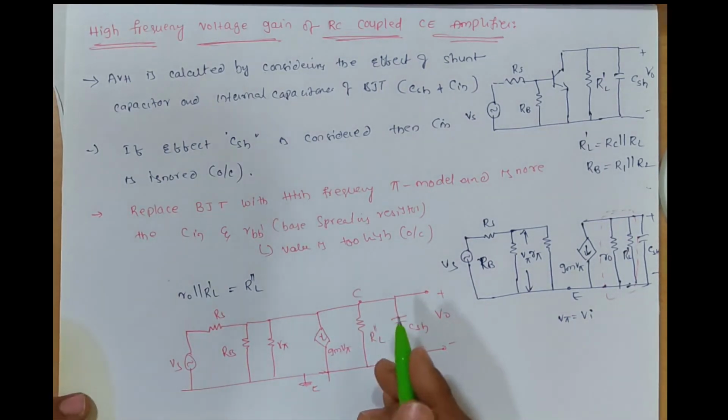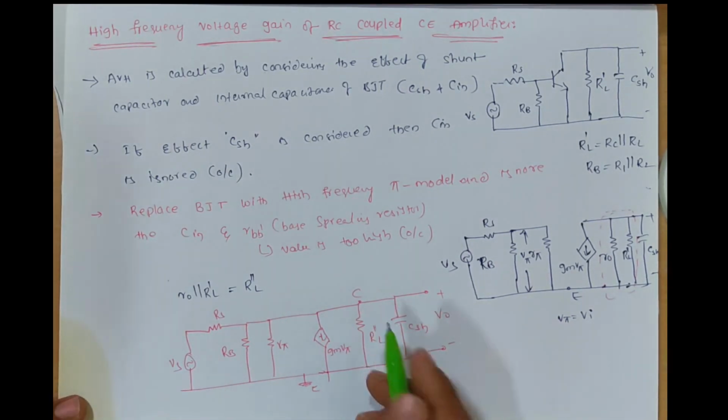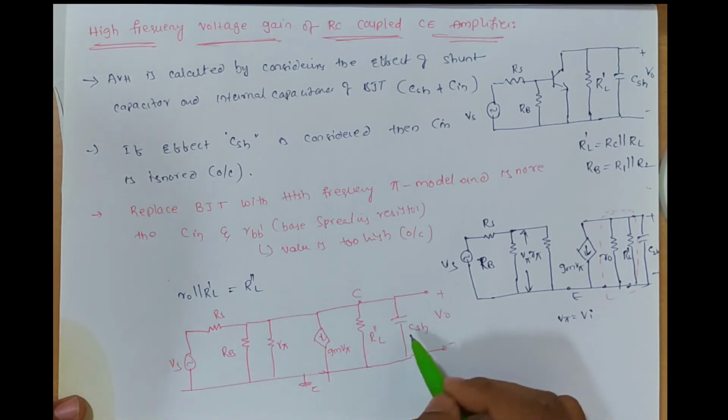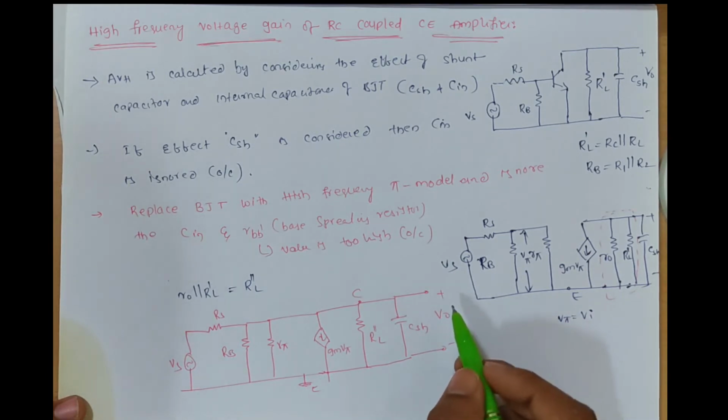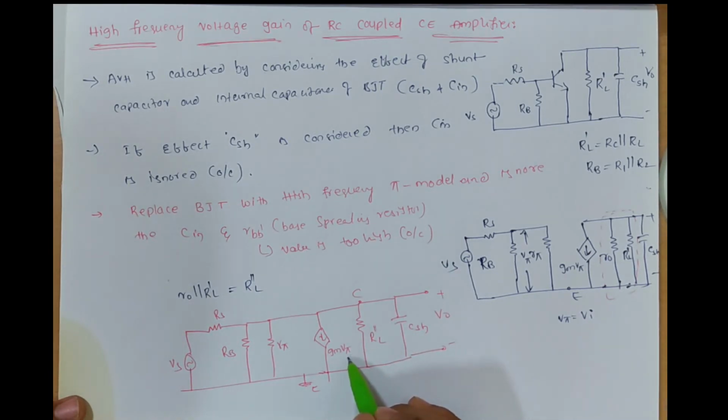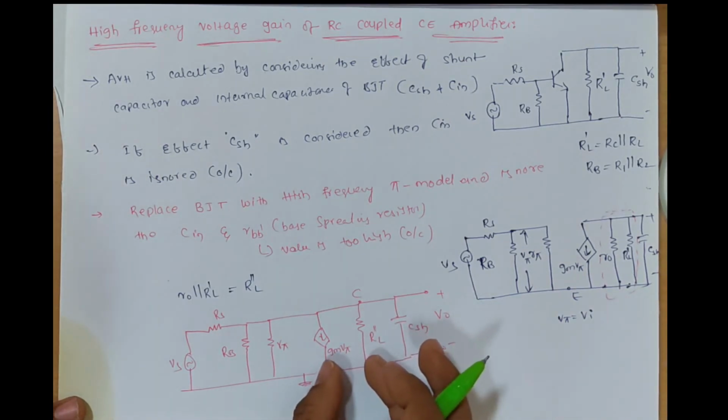Now you can observe we are taking the output across the shunt capacitor. Here we have gm into V pi as a current source and R double dash L in parallel with the current source. Can we convert this part into a voltage source?